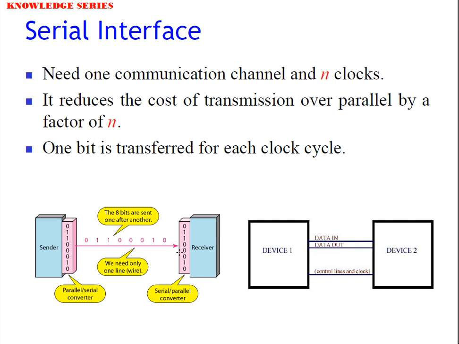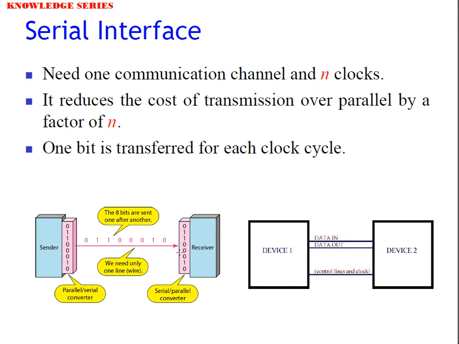The advantage in this case is that our channel bandwidth will be less, but the cost is that it has a slow form of communication, because since it is a one by one bit transmission taking place, the transmission rate will be slow as compared to the parallel form of communications. However, serial transmission reduces the transmission cost.